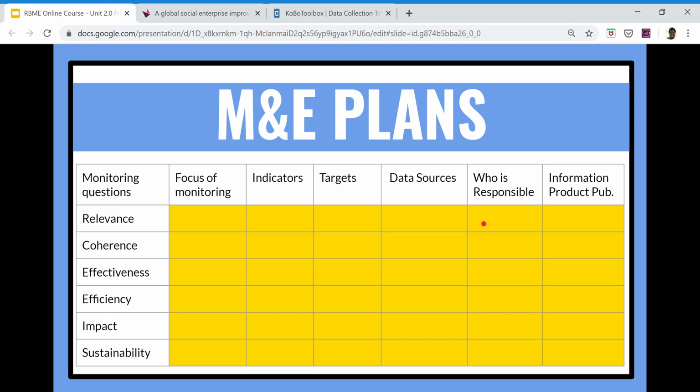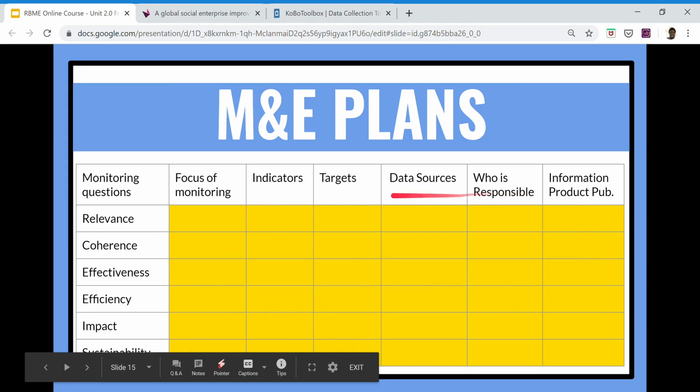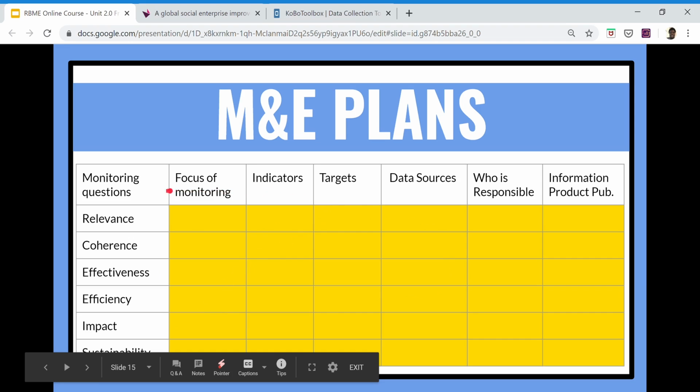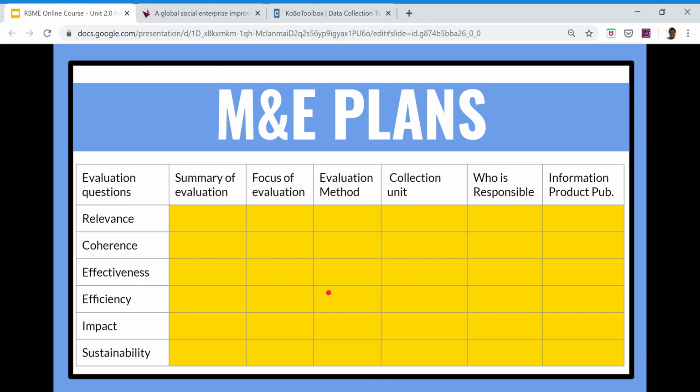Now putting together all we have learned from week 1 down to week 5, and this is the task for week 5, right? We have stated this in unit 1 of this week, stating that this is what we're supposed to do. So this is a tabular M&E plan that you can make use of as a template for describing your M&E plan.